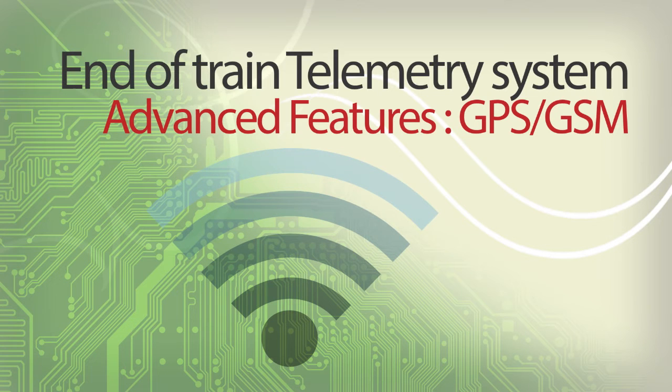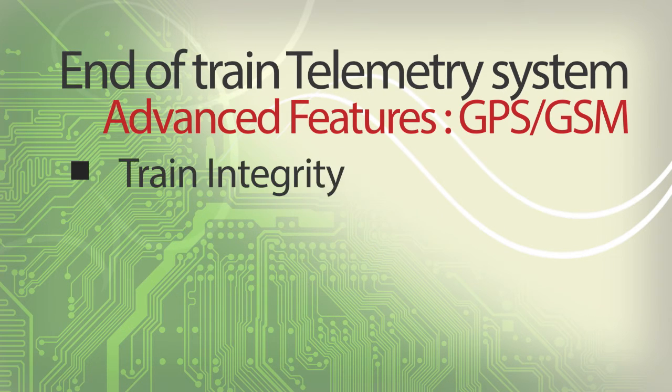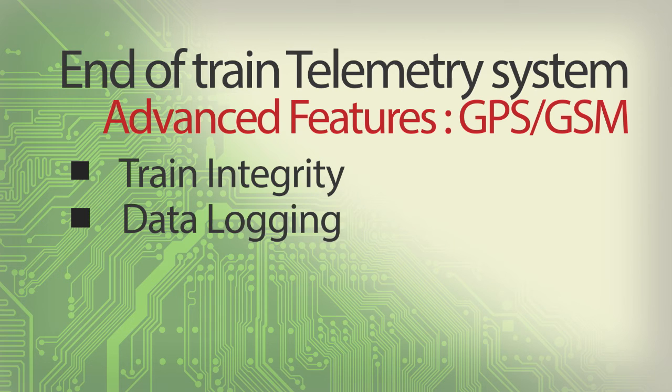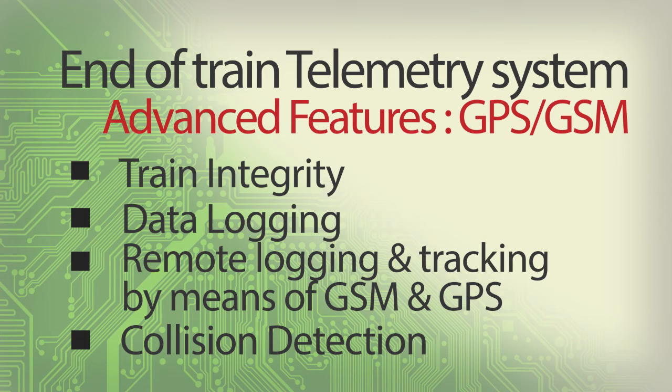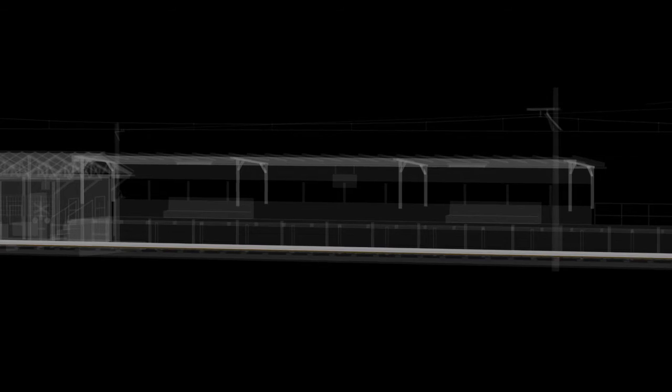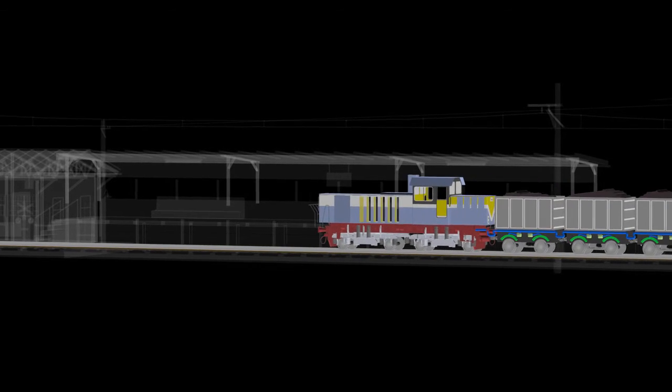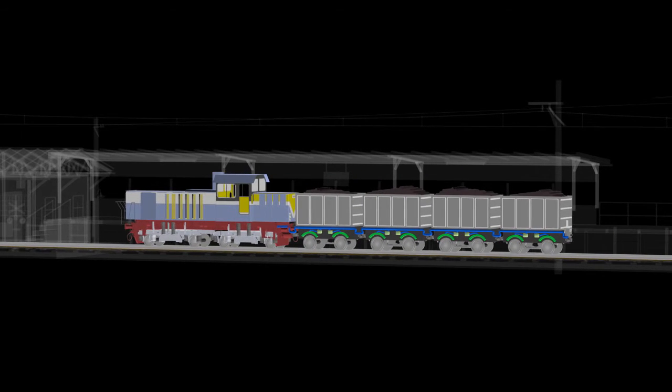Our EOTs are also fitted with GPS receivers and GSM communication devices. With these fitted, the following advanced features are included: train integrity, data logging, remote logging and tracking by means of GSM and GPS, and collision detection. Train integrity basically means that the train arrives at its destination in one piece and is complete.